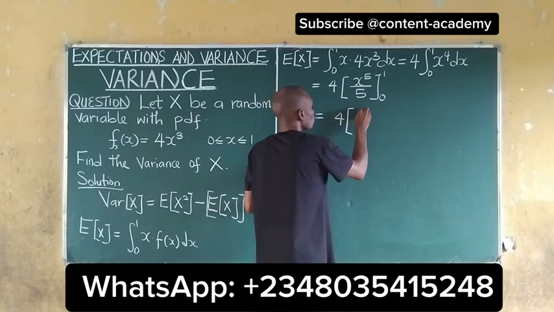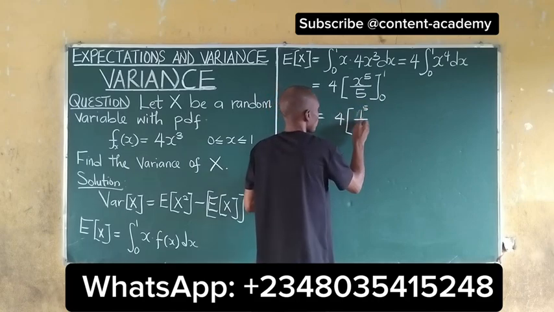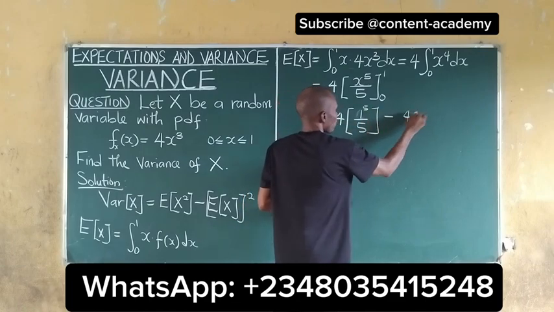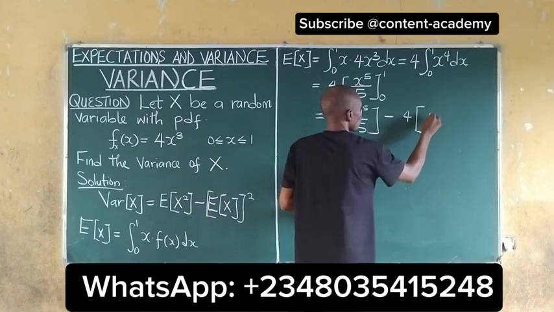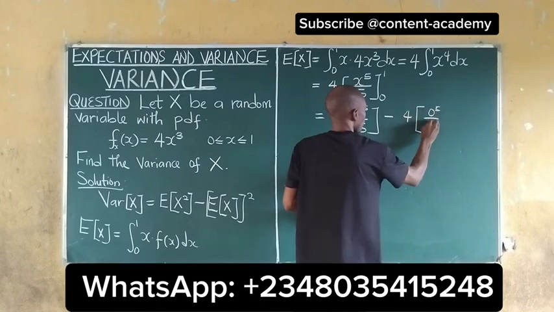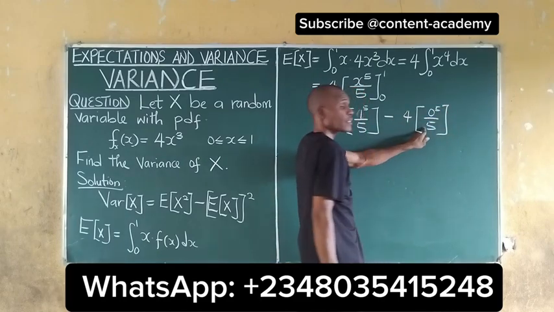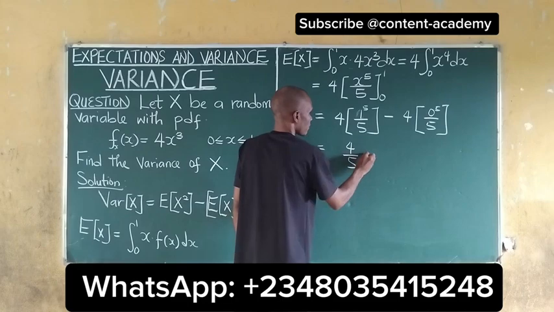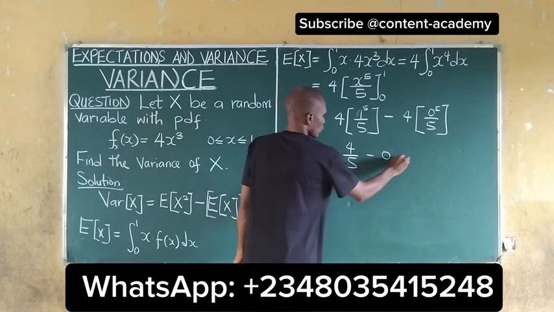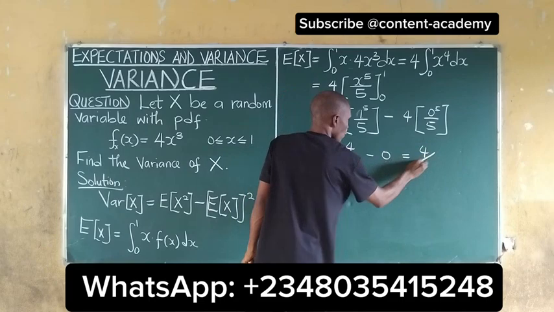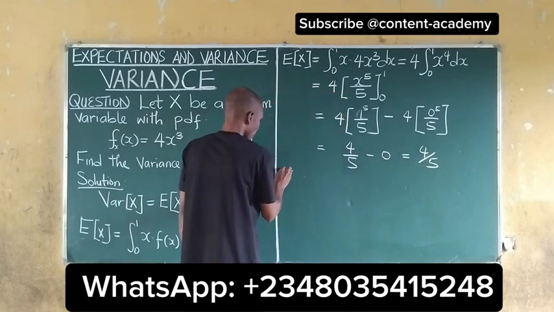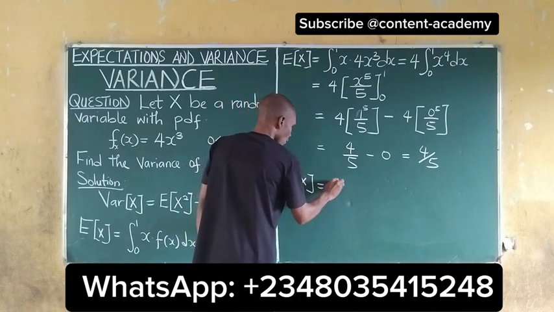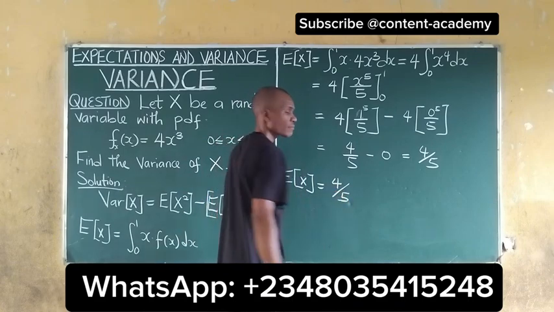Anywhere we see x, we put 1. 4 into 1 raised to the power of 5 all over 5 minus 4 into 0 raised to the power of 5 all over 5. Of course, the whole of this is 0. So we have 4 all over 5 minus 0, which is equal to 4 all over 5. It then means that our expectation of x is equal to 4 all over 5.